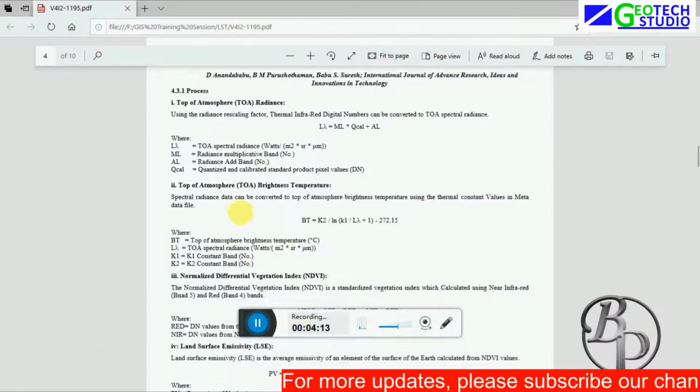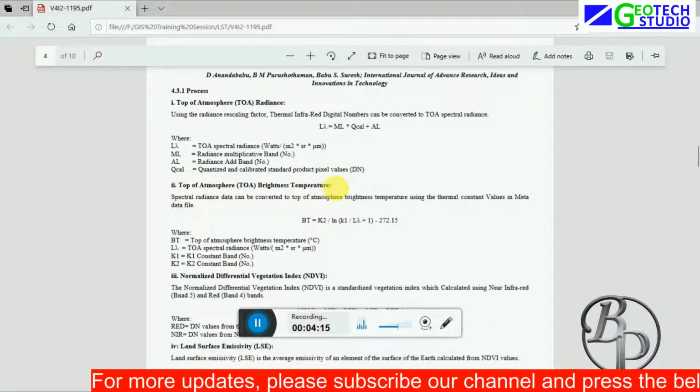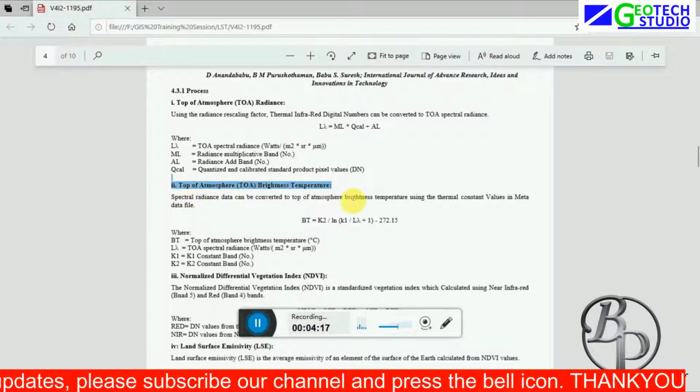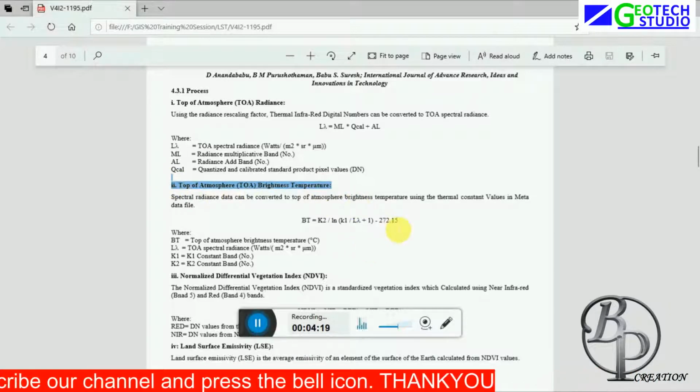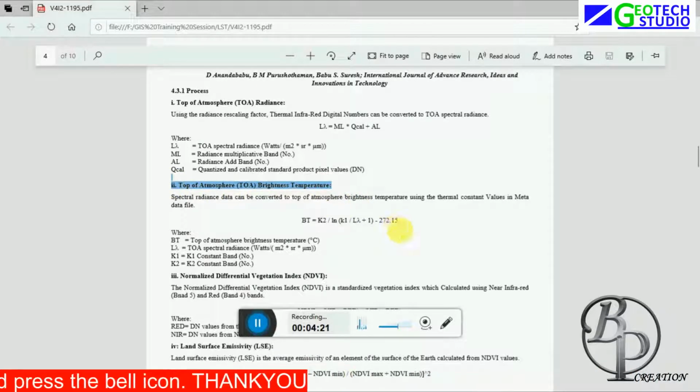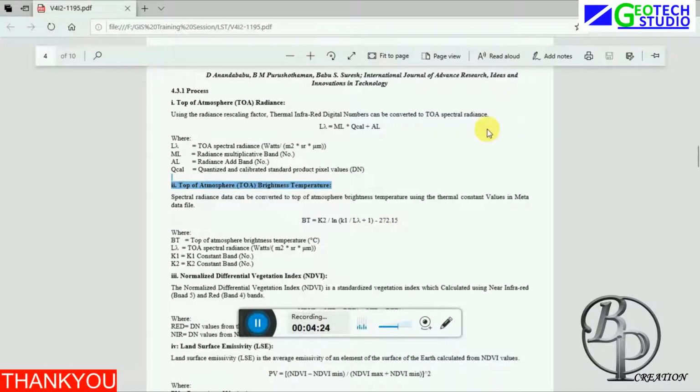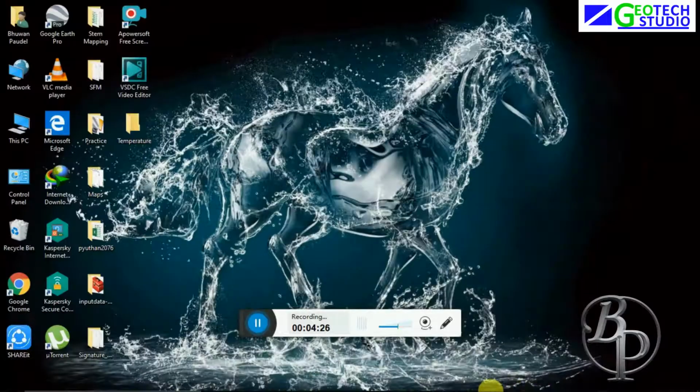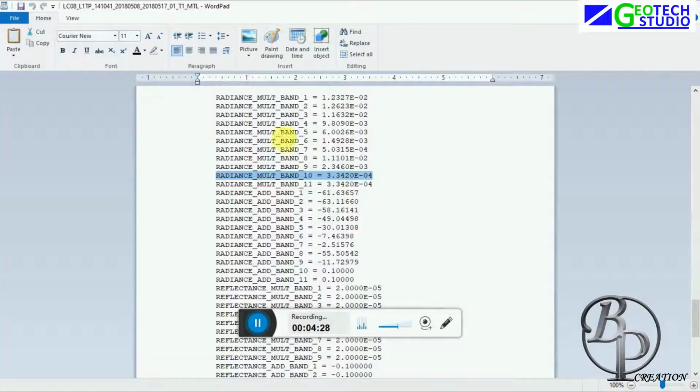Here it is, the top of the atmosphere brightness temperature, BT equal to K2 divided by logarithm of K1 constant divided by L lambda plus 1, minus 272.15 or 273.